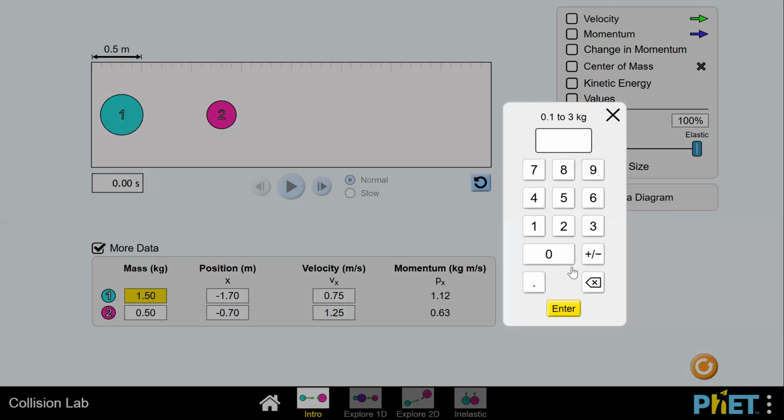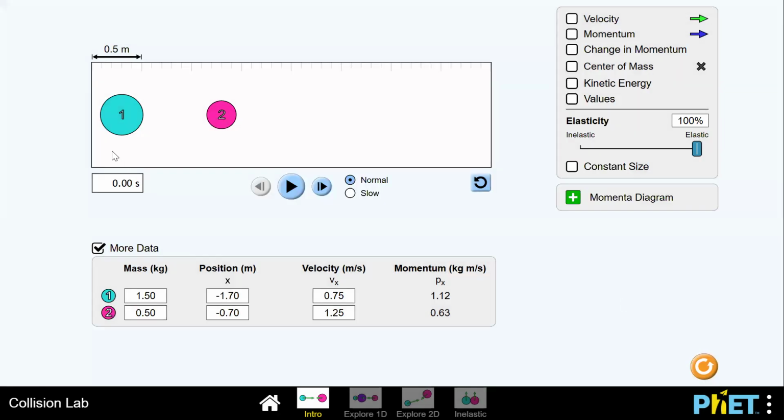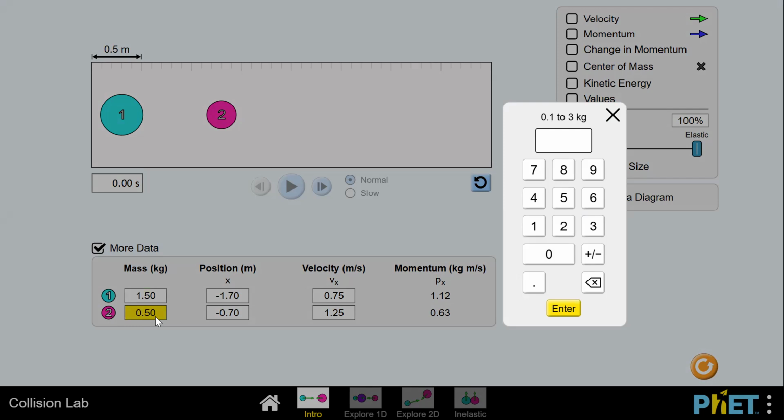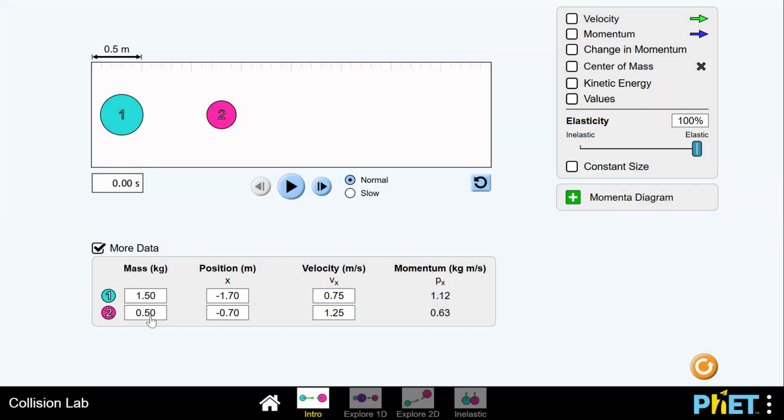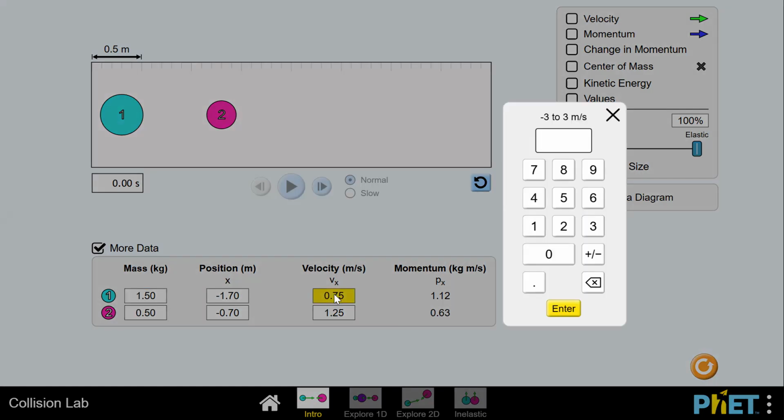I can put 1.50, which is the mass of the first object. The second object has mass 0.50 kg. This will also change, but I can take 0.50. You can change the velocity also.